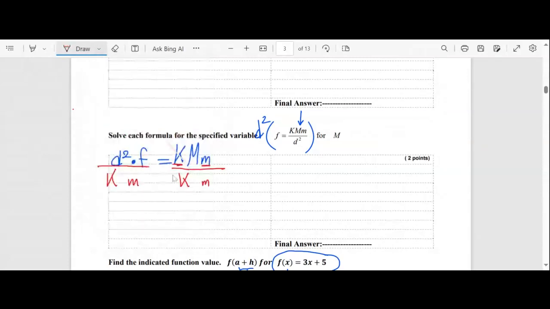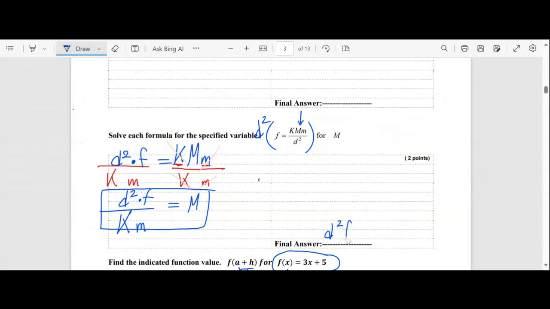Cancel the k with the k, cancel the m. So you're going to get m equals d squared times f over k small m. You should write the answer here. So d squared f over k m.